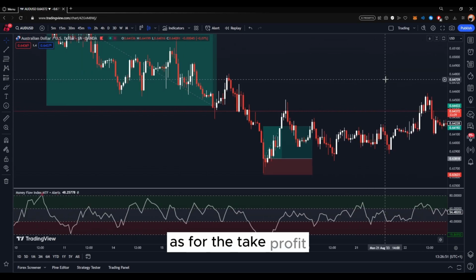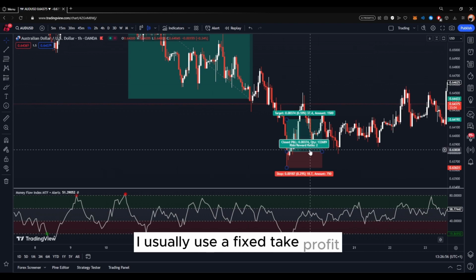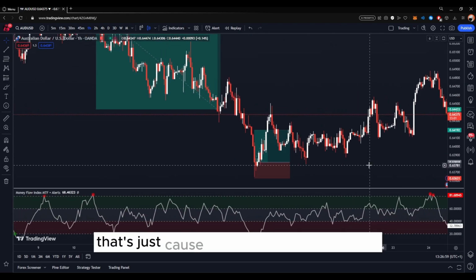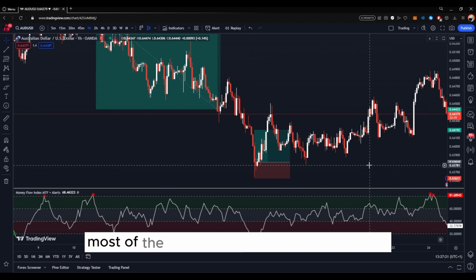As for the take profit, in these videos I usually use a fixed take profit. That's just because to do the 100 trades, test and then calculate everything, it's much easier using a fixed take profit. In my real trading I usually use support and resistance, and most of the time I use Fibonacci retracement.